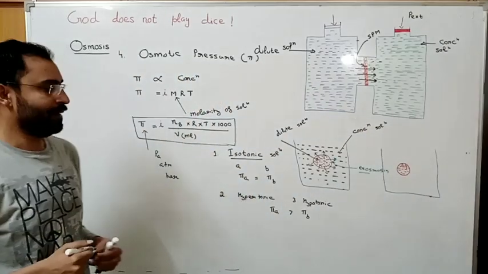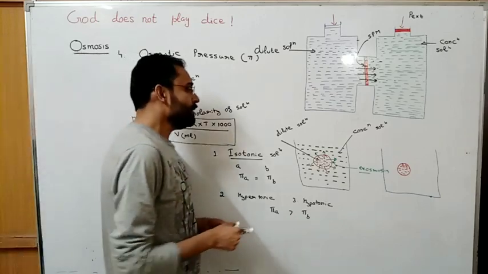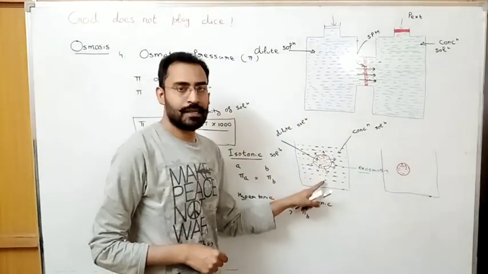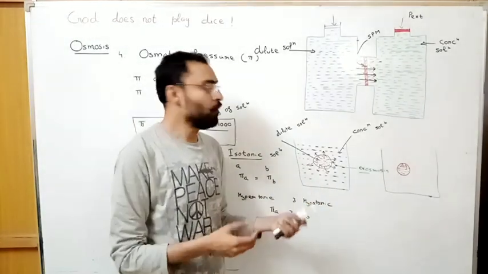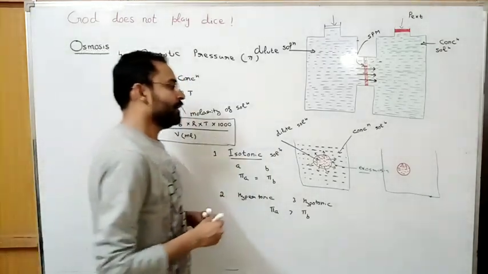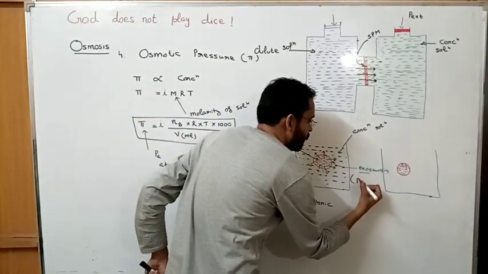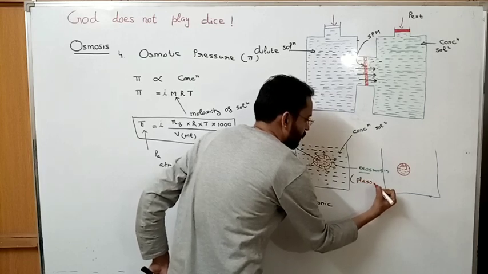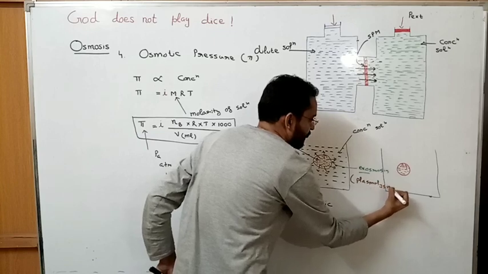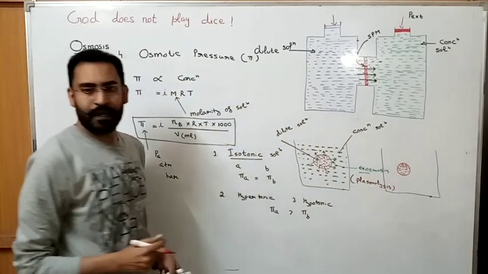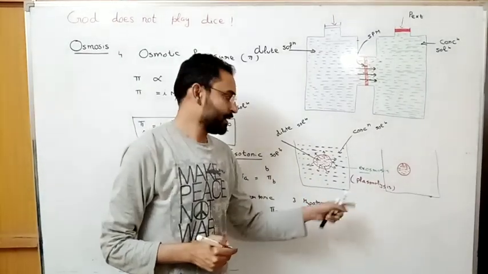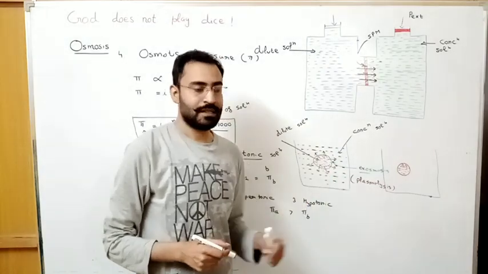Exosmosis, outward. This will result in shrinking of the size of resin. Fluid will decrease, so what will happen? It will shrink. Technically, it is known as plasmolysis. The shrinking of resin because of exosmosis is known as plasmolysis.